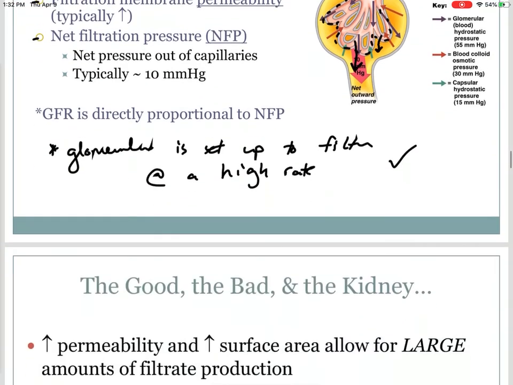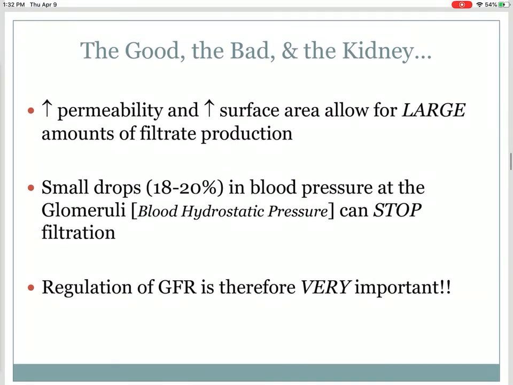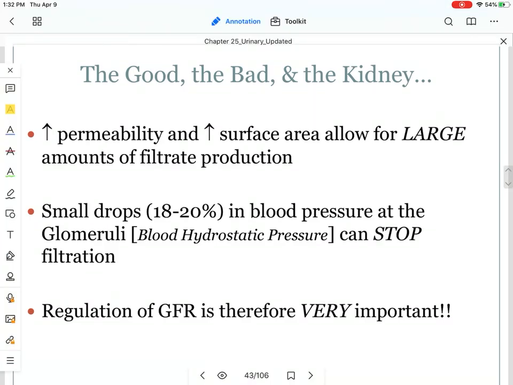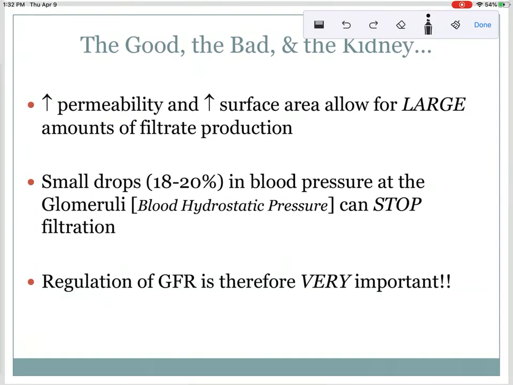That's fantastic. Oh, wait. Here I built you up, and now I'm going to tear you down again. Even though all the things I just said were true, even though the glomerulus is set up so well to be able to filter at a high rate, it is susceptible to small drops in blood pressure.